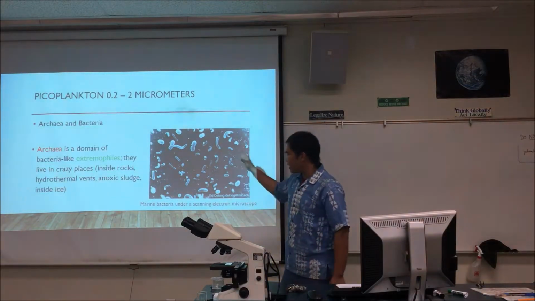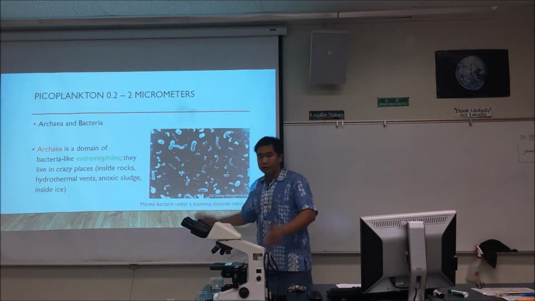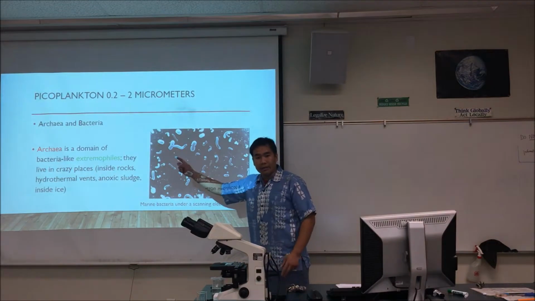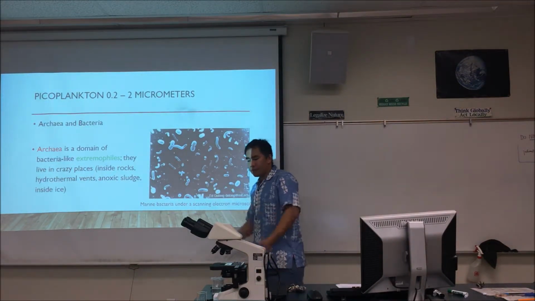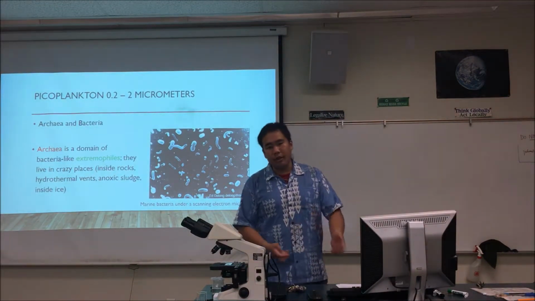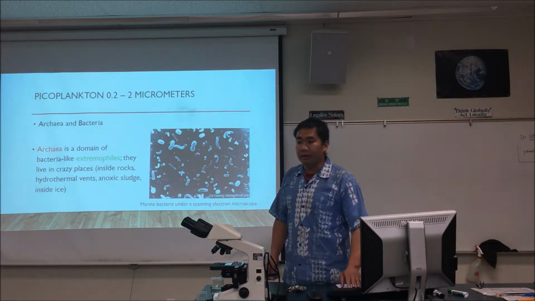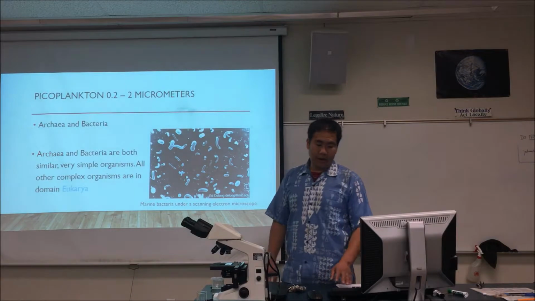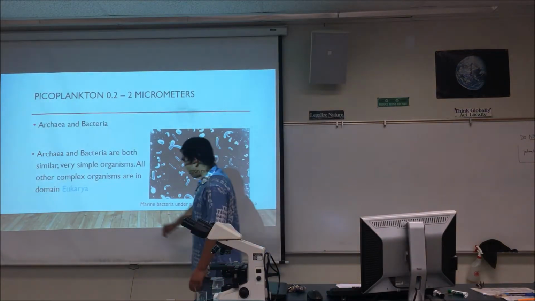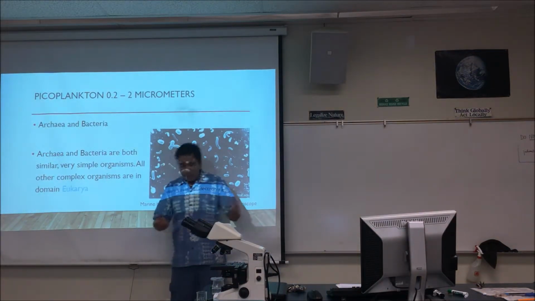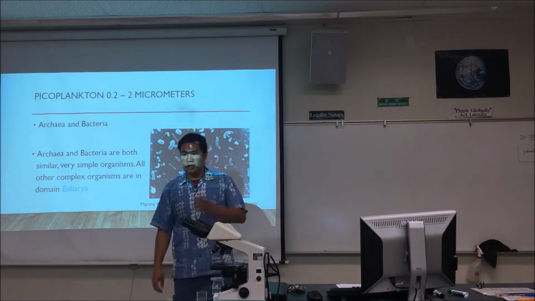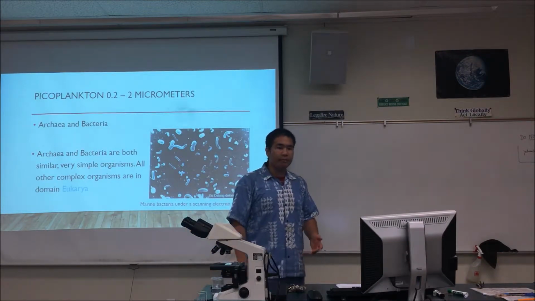So archaea and bacteria, these two domains form picoplankton. This makes sense because both of these are simpler and smaller than the other domain. What is the complex domain called? Eukarya. Eukarya, all the complex animals and plants and fungi and protists, those things are probably bigger than these.